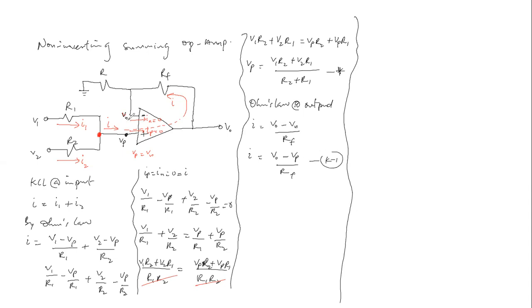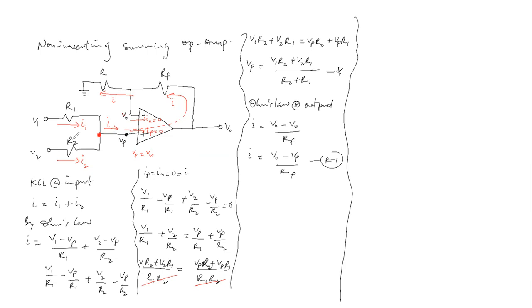Now you observe that no current flows through this terminal, so the entire current will flow in this direction, which is also I, because the current through this terminal is 0. I sub n is 0, so the entire current flows through R to ground.